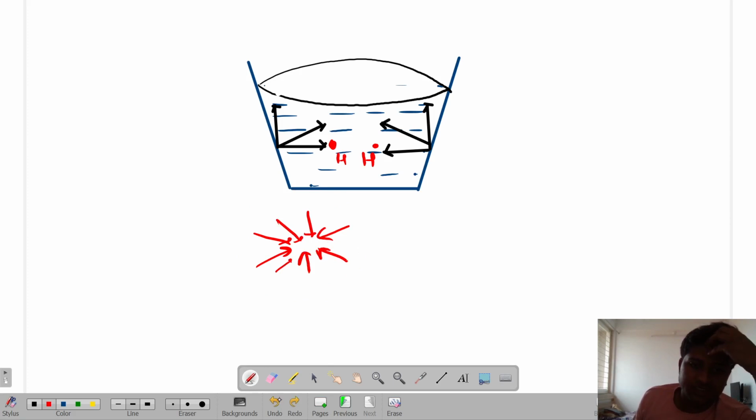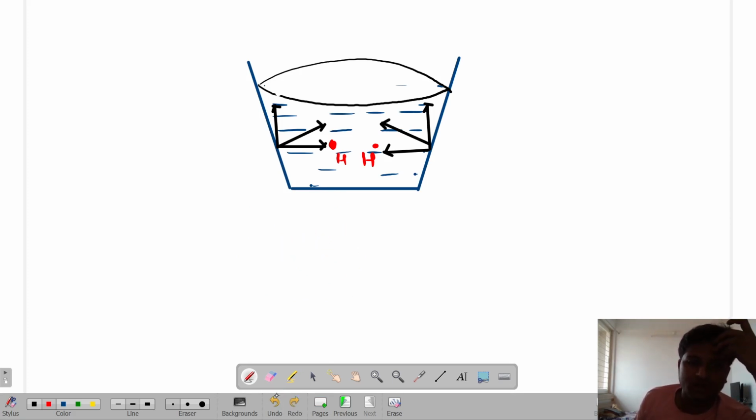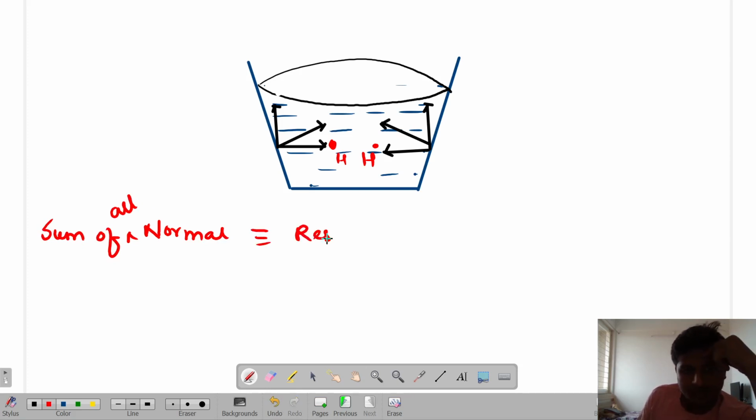So which normal is left? The sum of all the vertical normals is nothing but a resultant vertical normal, isn't it?